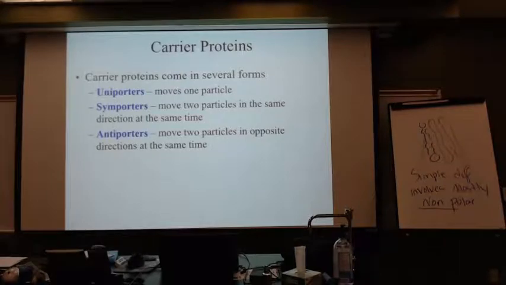When we say we have the carrier proteins, they can either move one particle at a time. One is uni. So if they're only moving one particle, one little tiny molecule, they are a uniporter.